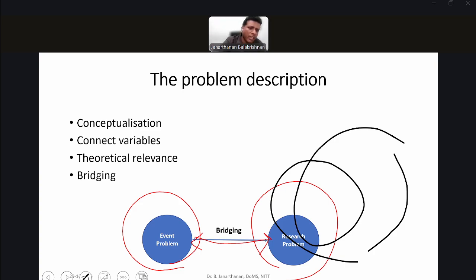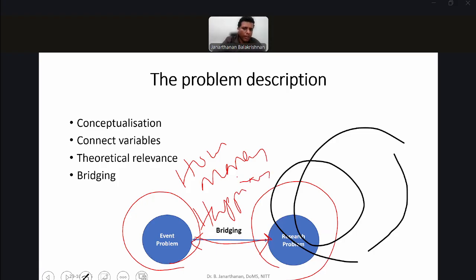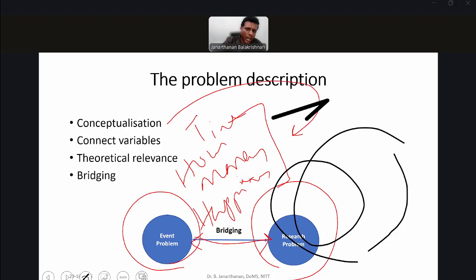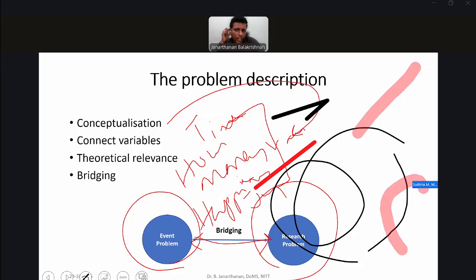For example, the moment I say hours, money, and happiness, these are three things I understand from the event, the Google scenario, and I am trying to bring conceptualization here. Hours is time, money you can put as value, and happiness you can touch in terms of joy. A lot of studies are there. There is a theory of happiness, and literature is available, so there are a lot of things you can do from your angle.